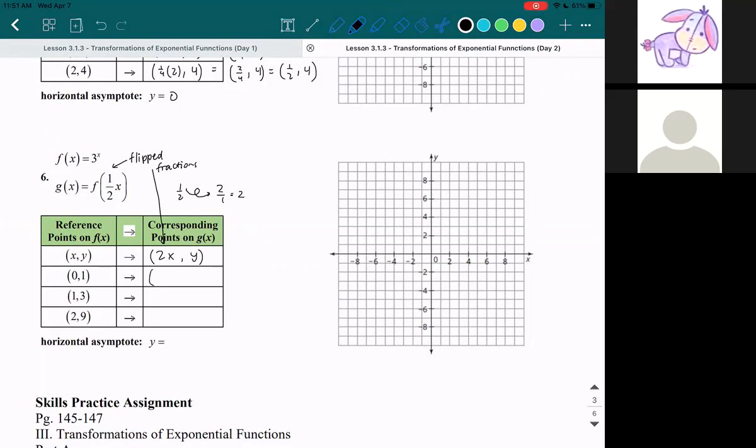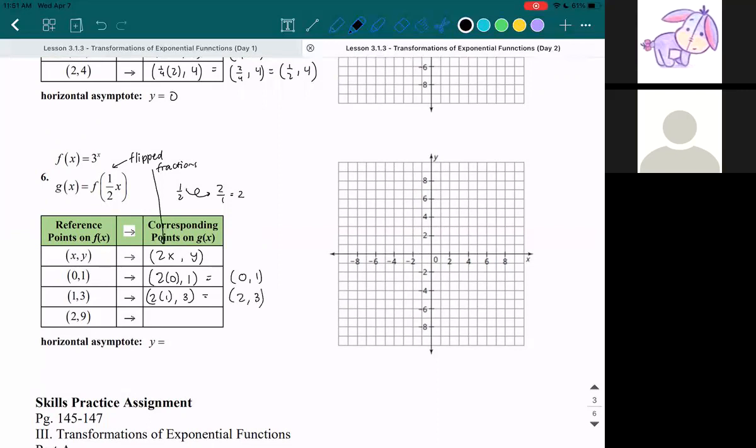Let's start doing that. So 0, 1 becomes 2 times 0, 1, which becomes 0, 1 still because, well, 0 times anything is just 0. All right, next one is 2 times 1, comma, 3. So 2 times 1, well, anything times 1 is just the anything.